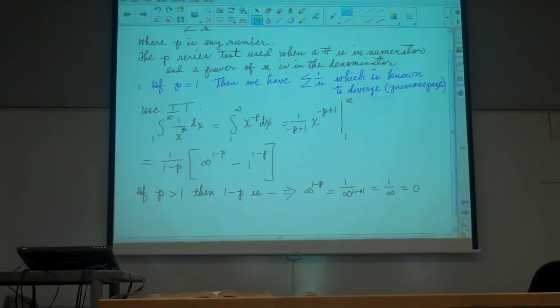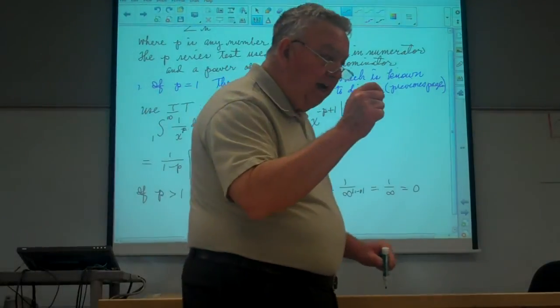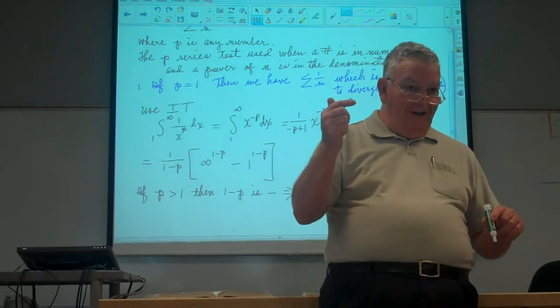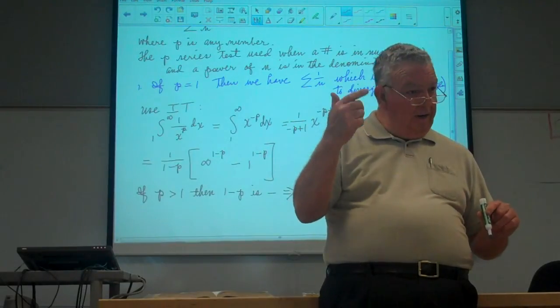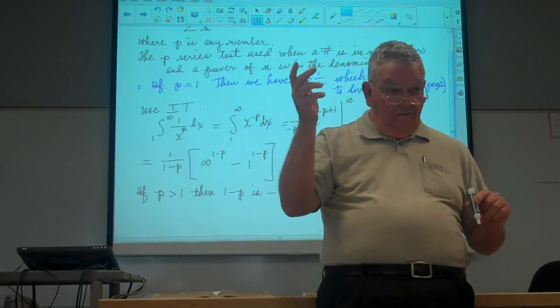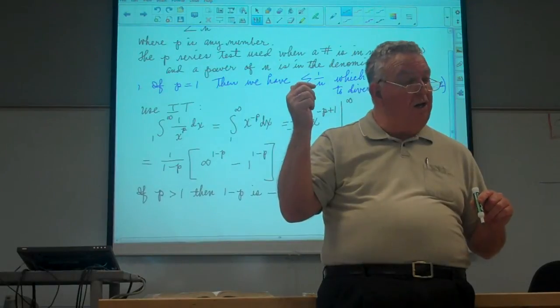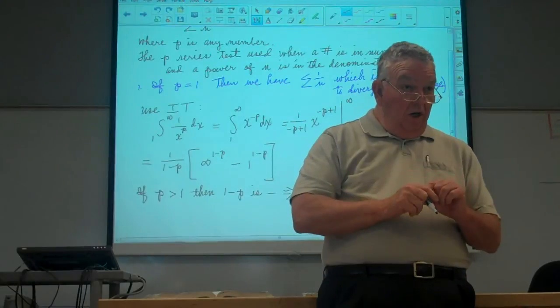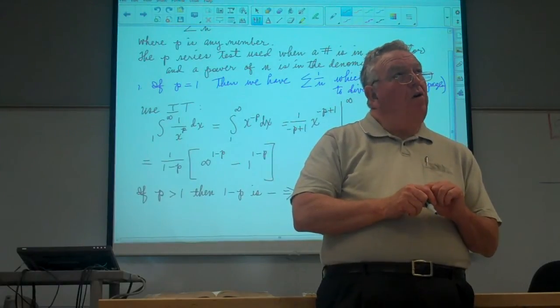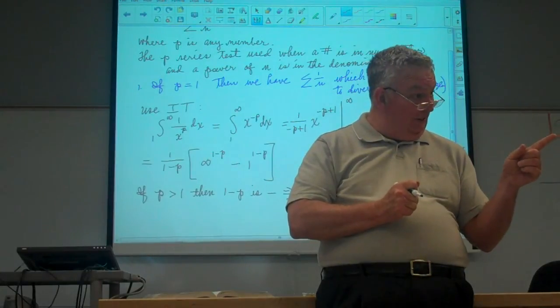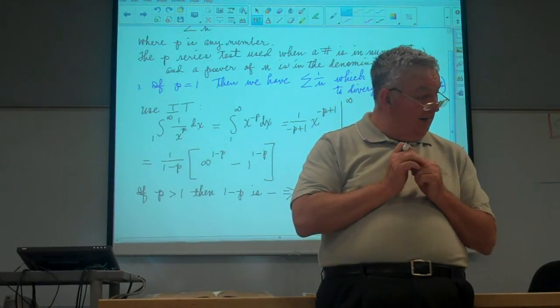I want you to remember that any number divided by infinity is 0, except for 0 and infinity. If you divide infinity by infinity, you don't know which one gets there the fastest, do you? And if you divide 0 by infinity, you still don't know which one gets there the fastest. 0 over infinity would still be 0, wouldn't it?